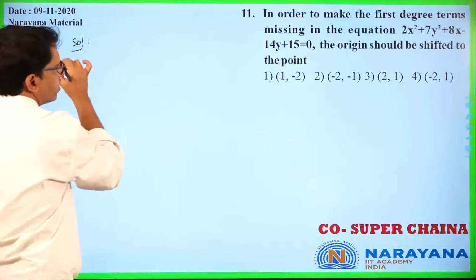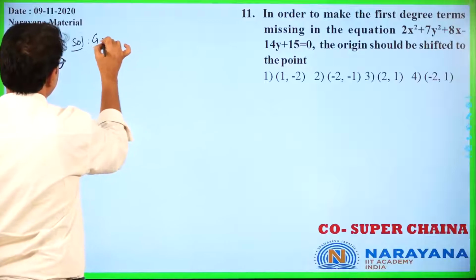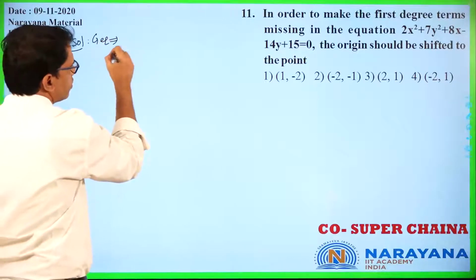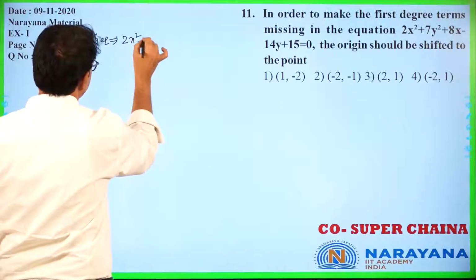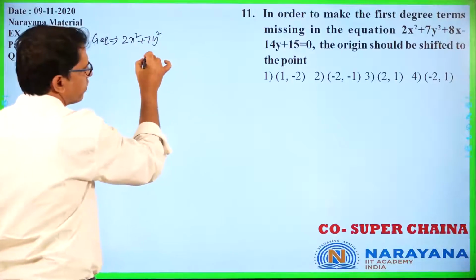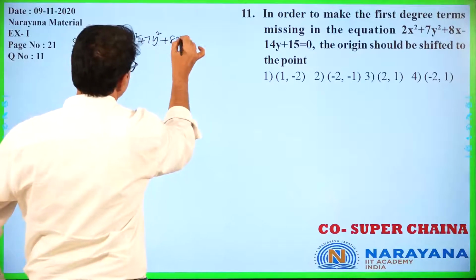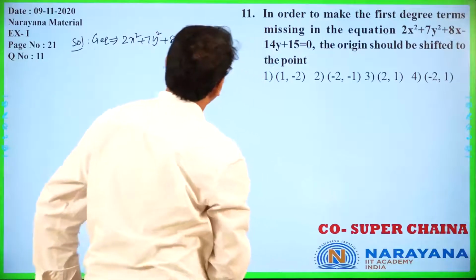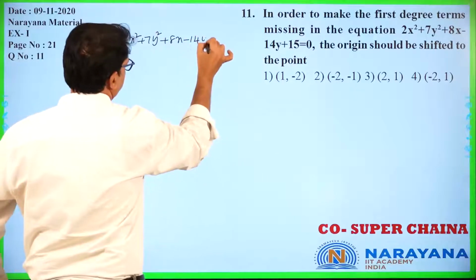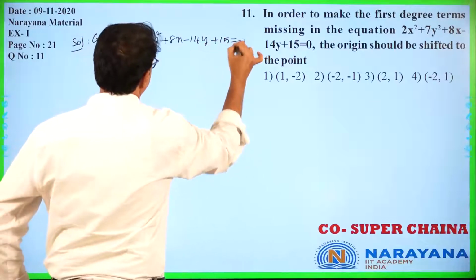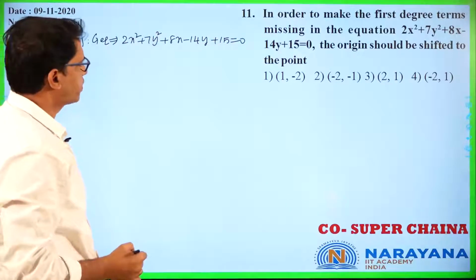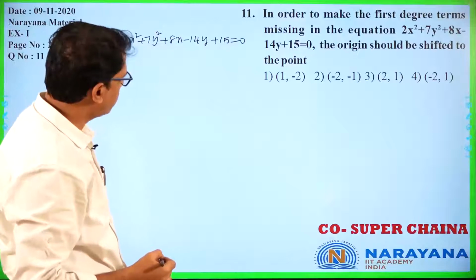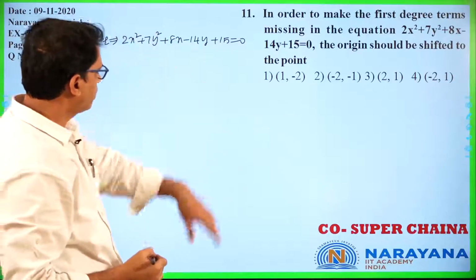So first write the given equation. The given equation implies 2x square plus 7y square plus 8x minus 14y plus 15 equals 0.